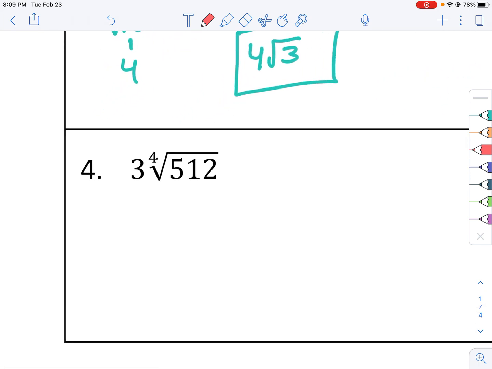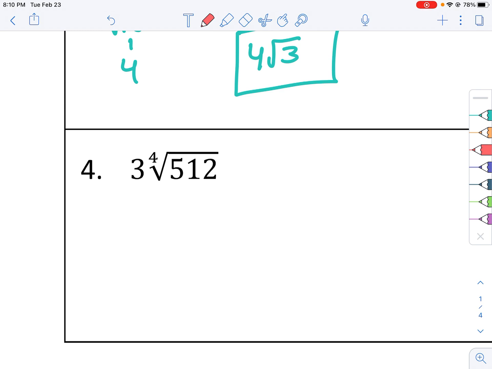512. So trying to find the perfect fourth power that comes out of 512. Let's again just take 512 divided by 4. That's 128. So 4 to the fourth power would be 64 times 4. 256, too big.